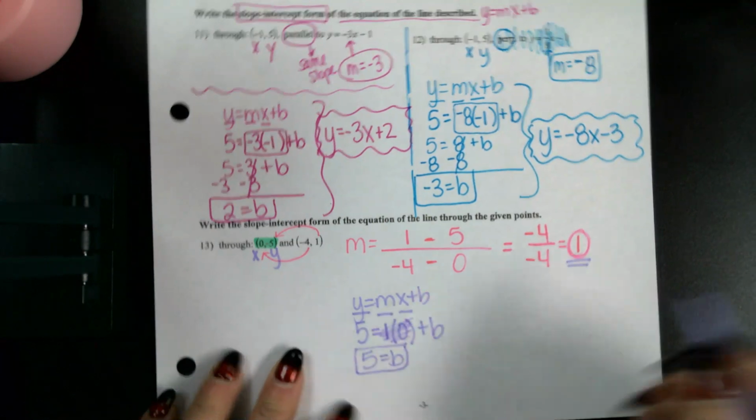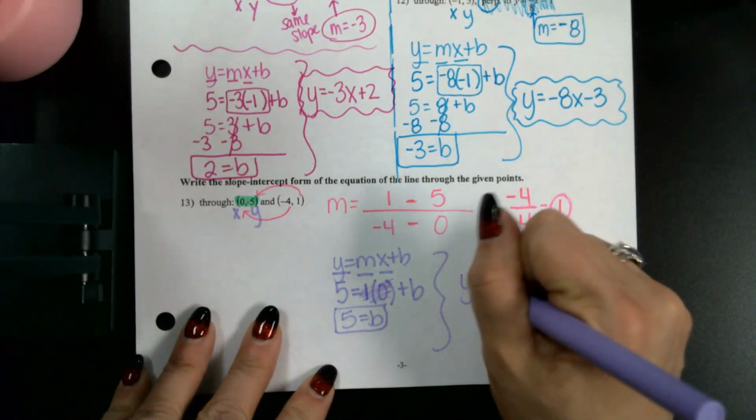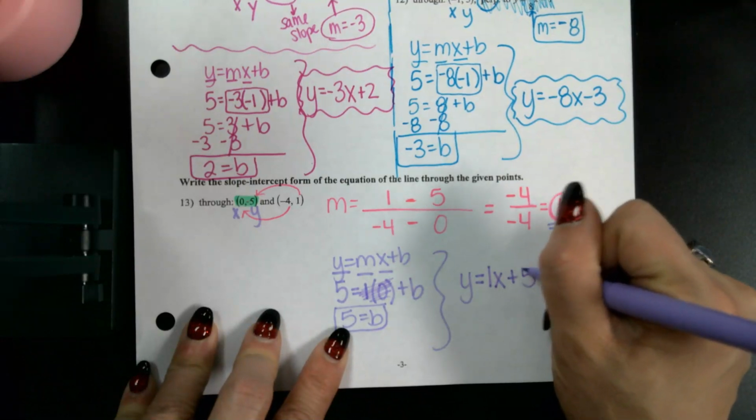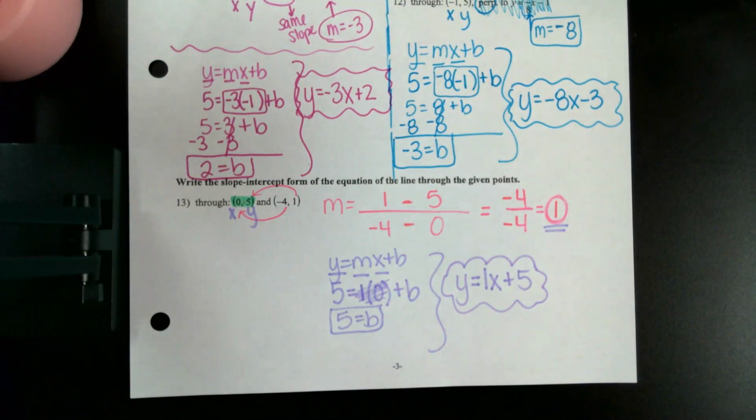Yep. So then our final equation, y equals the 1 would go in front of x, and then the 5 would go at the end. So 1x plus 5. Good?